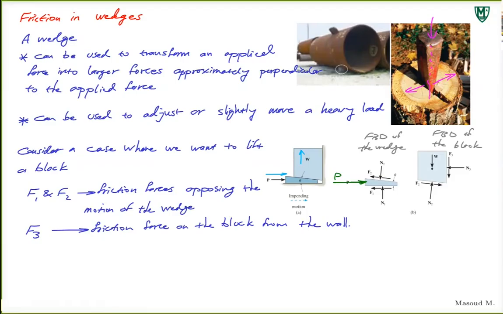Remember, this is a contact. Think about this as a machine. We are separating the parts, wedge and block. When we draw the free body diagram for the wedge, every force that is applied by the block to the wedge, we put the opposite, same magnitude, opposite direction of the same force on the block. Right? Equilibrium.